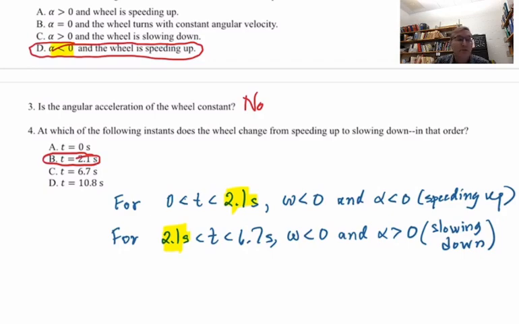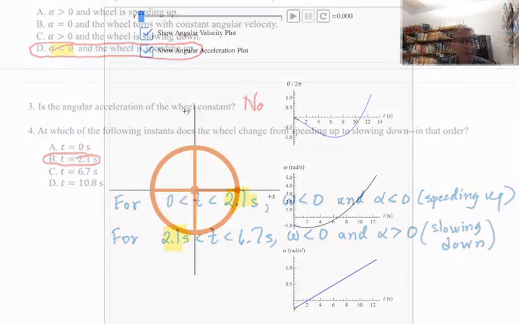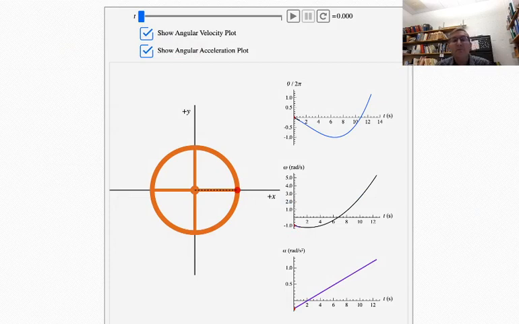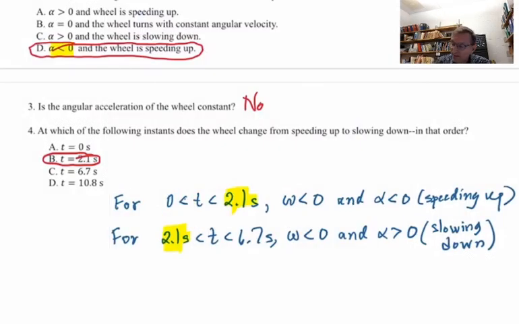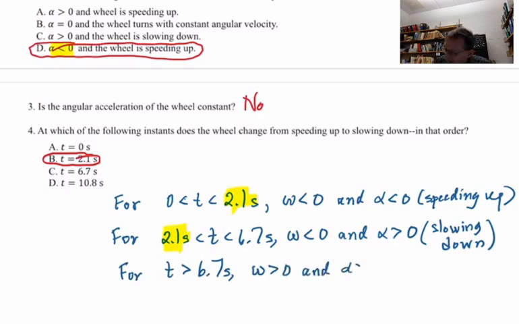Let's look at one more time interval just to be thorough here. Back to the graphs. Now let's look from a time 6.7 seconds onward, thereafter. In that time interval, omega is positive and alpha is positive. Both are. So the way I'll denote that is I'll write this. For t greater than 6.7 seconds, the angular velocity is positive and the angular acceleration is positive.